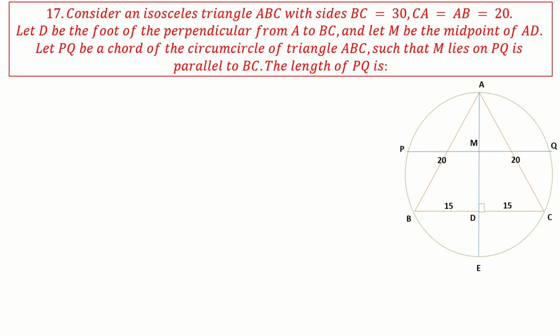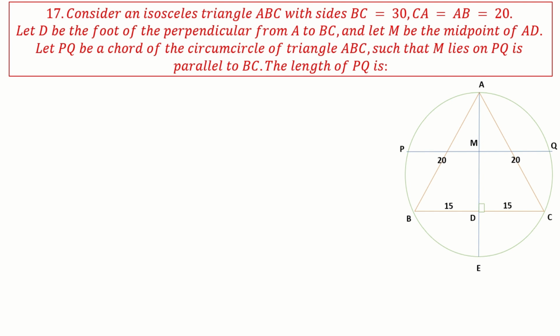Now, M is the midpoint of AD. P and Q are points on the circumcircle of this triangle, and PQ is parallel to BC. Once you see this diagram, what we have to get is the length of PQ. How much is PQ?